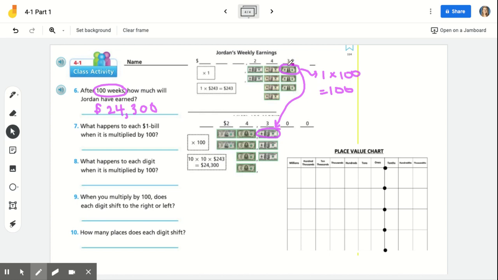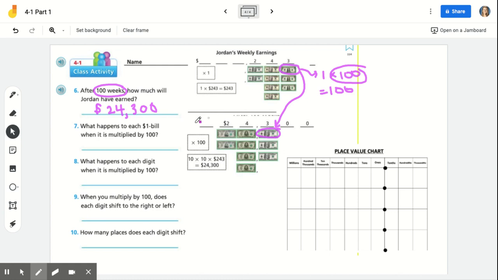So we will see here, going back from the previous page, 3 $1 bills, if we multiply it by 100, turns into 3 $100 bills. And it becomes how many times as great then? 100 times as many, 100 times as much great. A $100 bill is 100 times as much as a $1 bill.